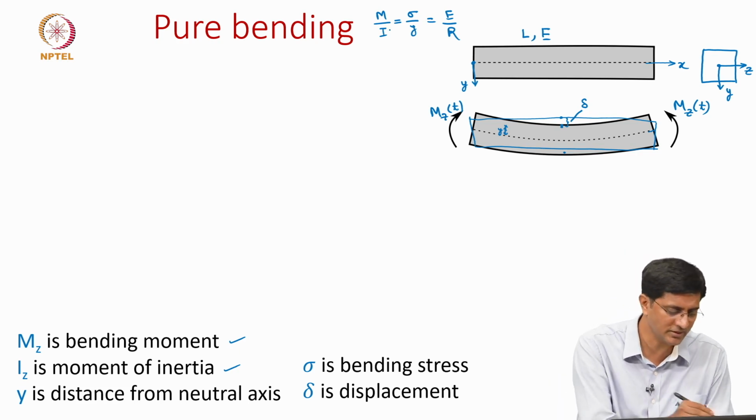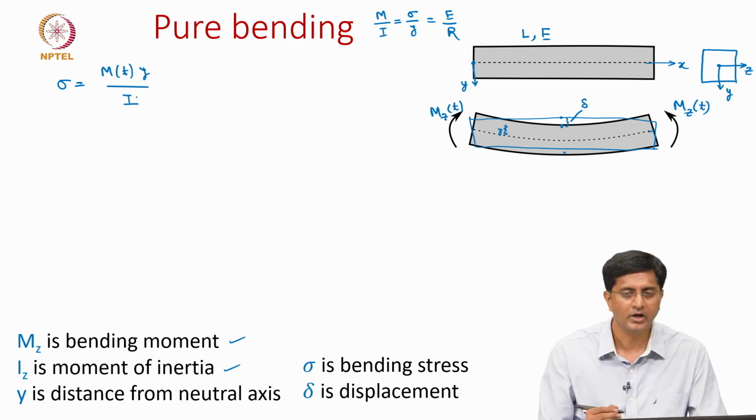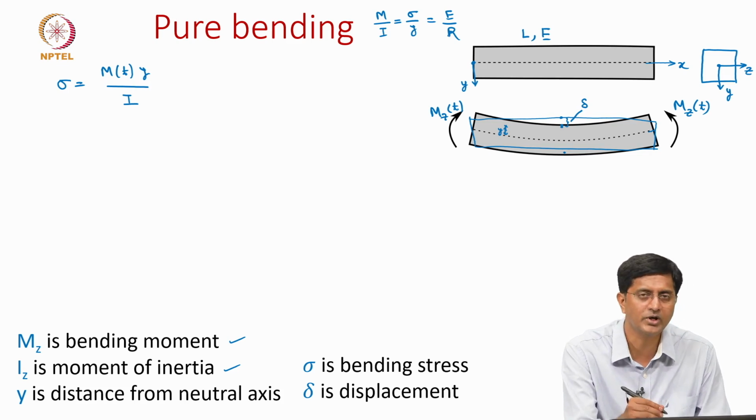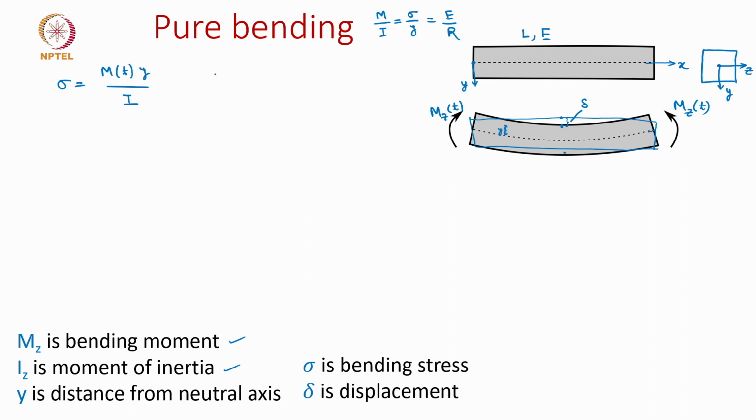The bending stress sigma is simply M, which is a function of t, times y by I. And how do we get the deflection? We get the deflection from R because we replace it with curvature, which is again written in terms of the double derivative of the deflection.